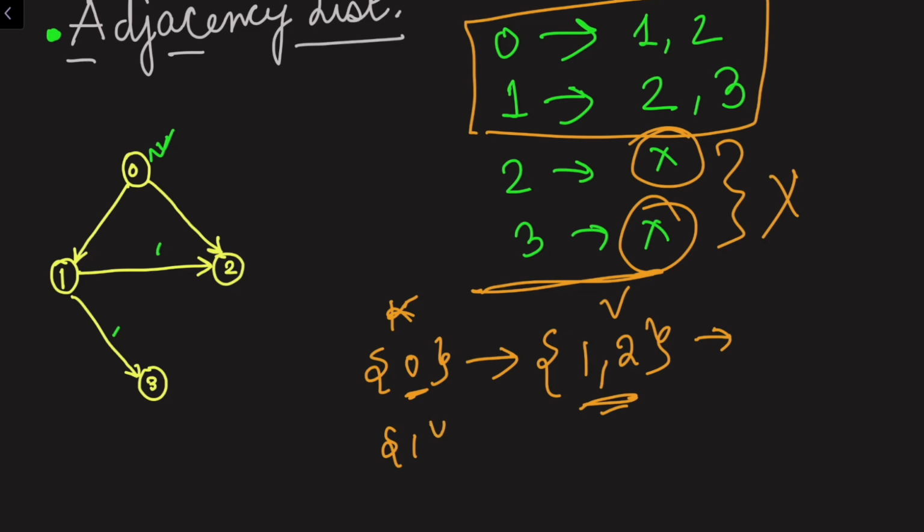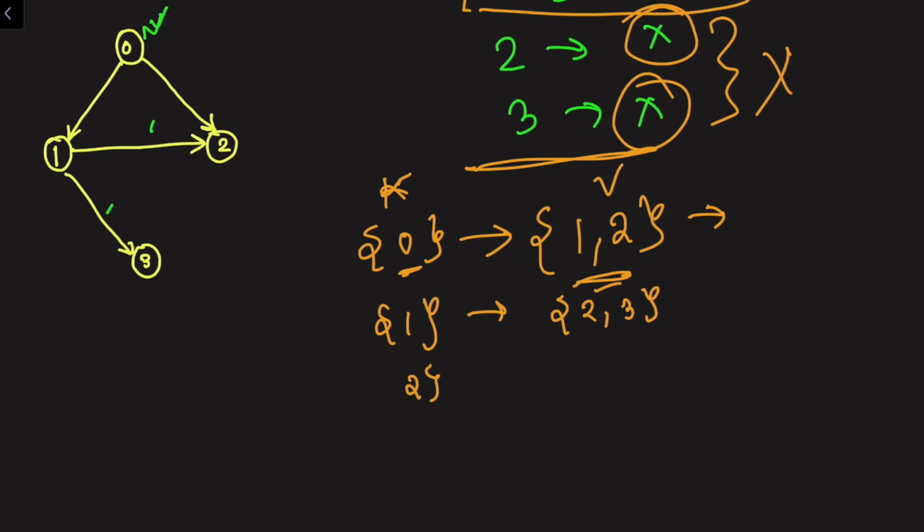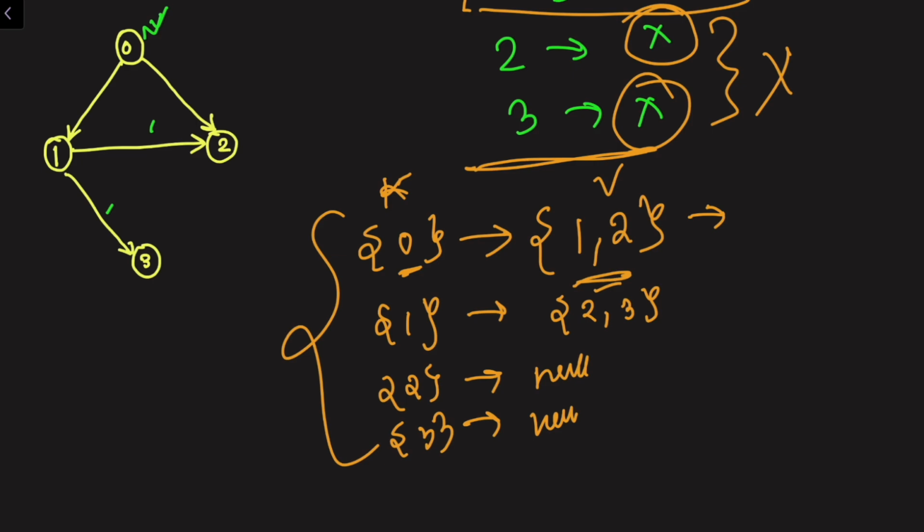Now for 1 it will be 2 and 3, for 2 it will be nothing, you can call it null, and for 3 also we'll call it null. Usually we name this ADJ, the adjacency list.